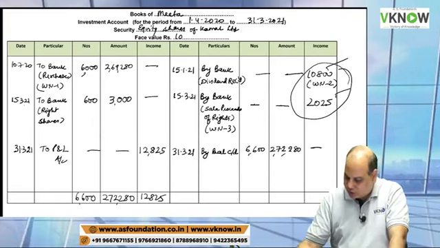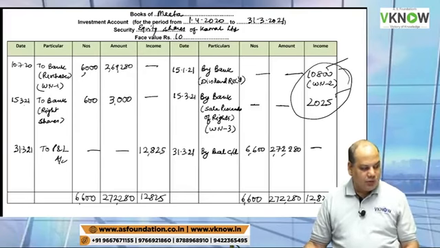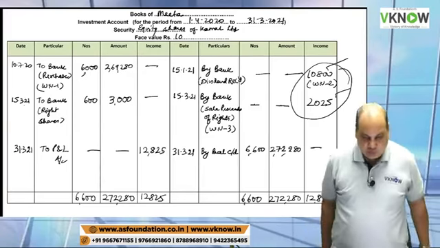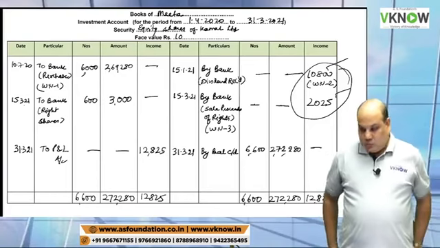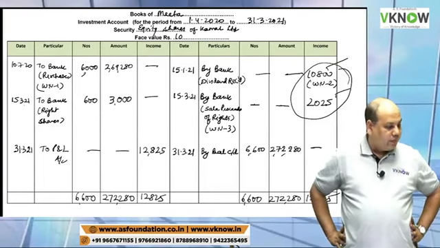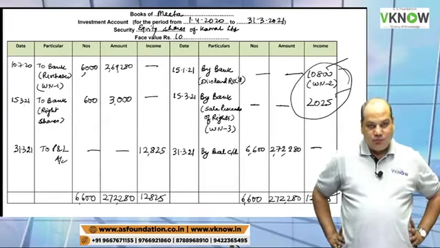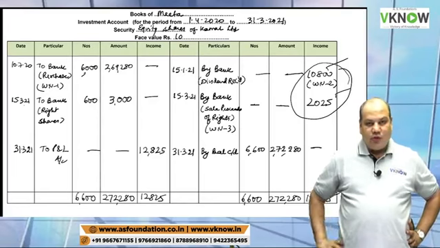Check whether they are tallying. Yes, 12,825 is right. This answer is over.